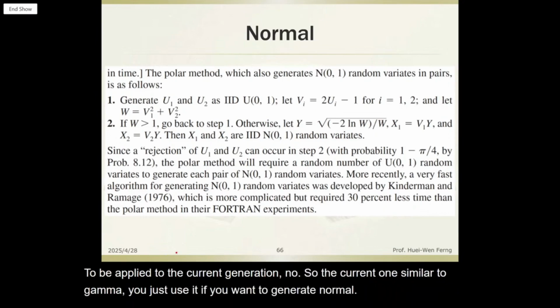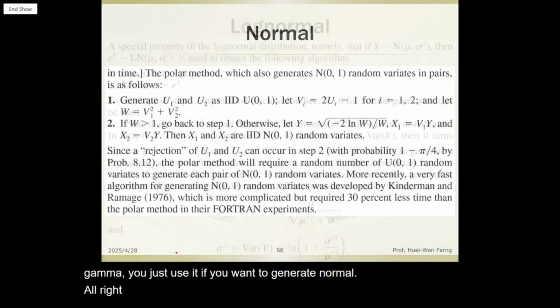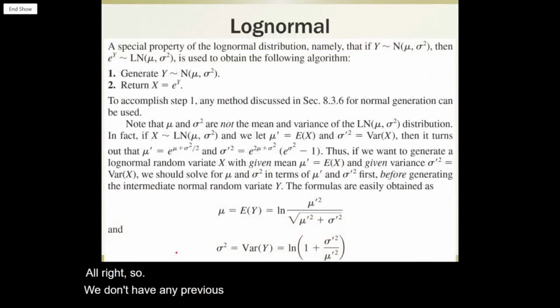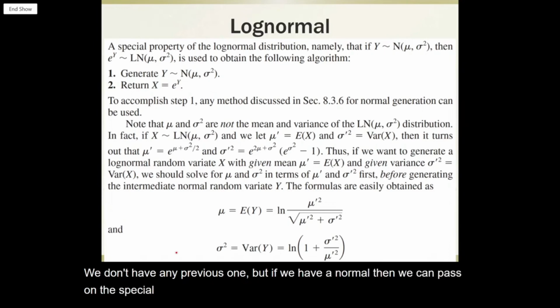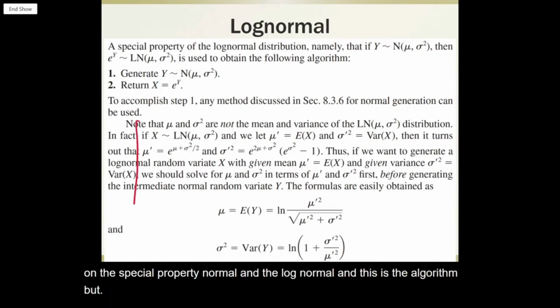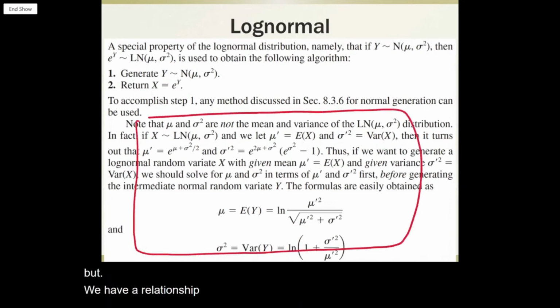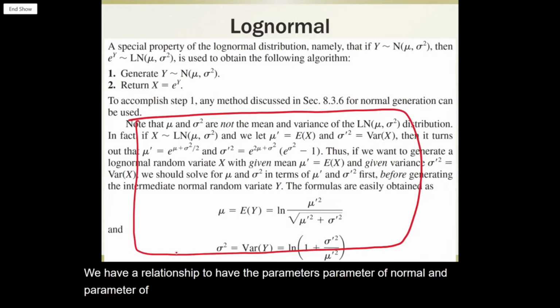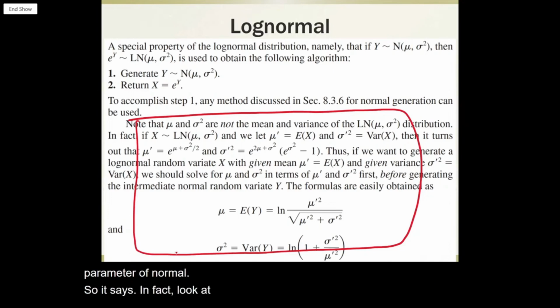All right. So we don't have any previous one, but if we have normal, then we can pass on the special property, normal and log normal. And this is the algorithm. But we have the relationship to have the parameter, parameter of log normal and parameter of normal. In fact, x follows log normal with parameters mu and sigma square.